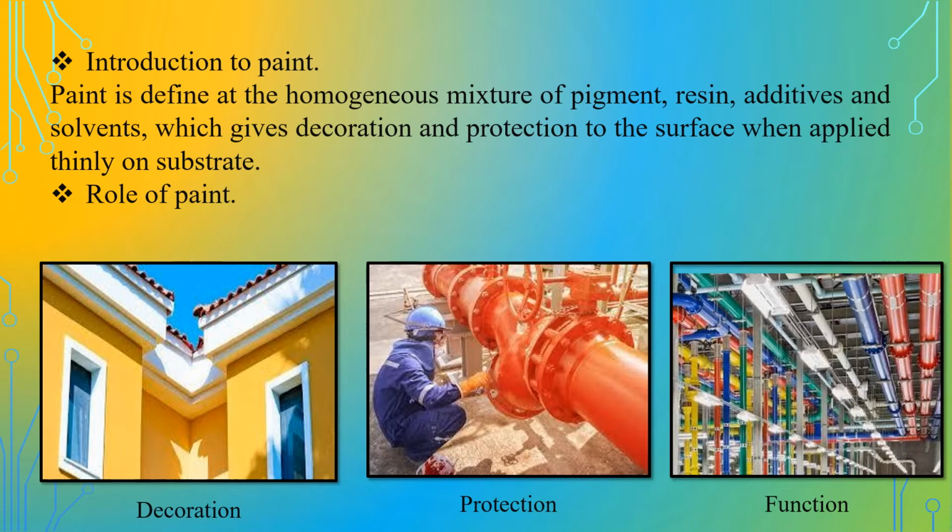Then the next function of paint or coating is functional. Particularly we see post office sheds or fire brigade car sheds, then different pipelines in the chemical industries. Each color plays a significant role.